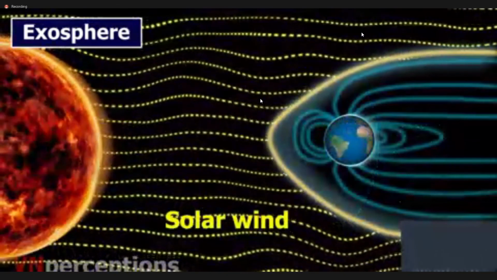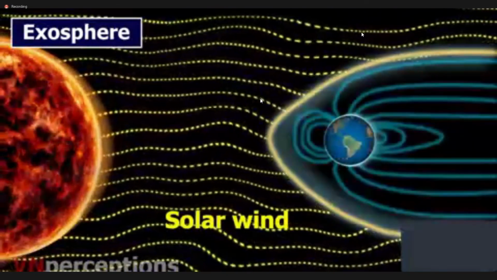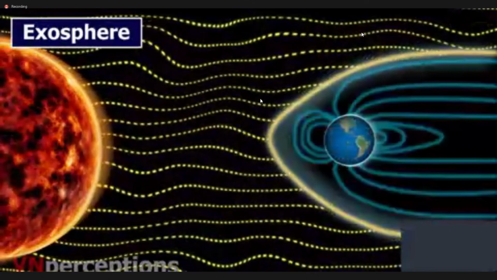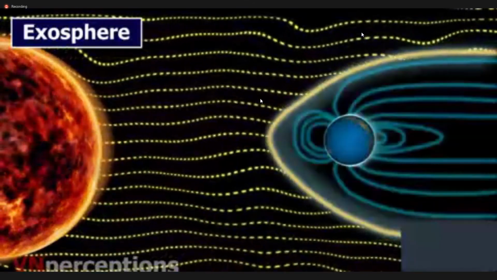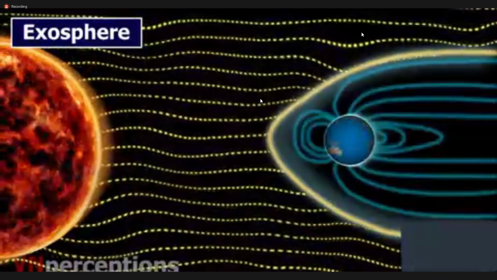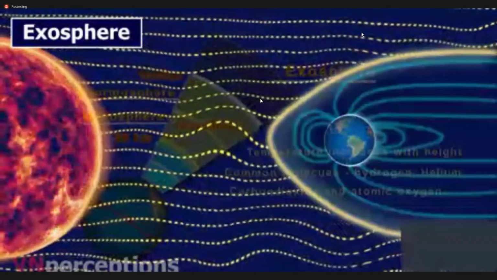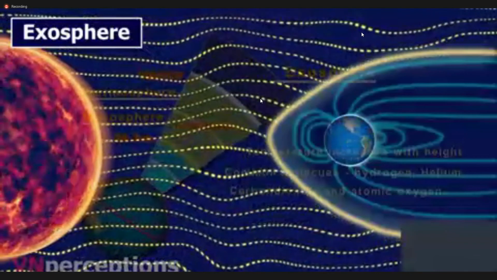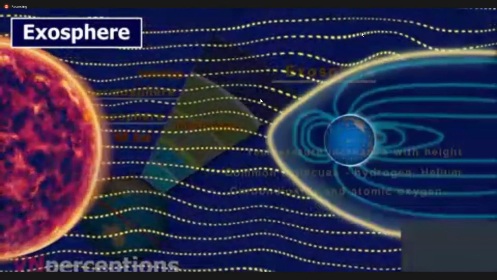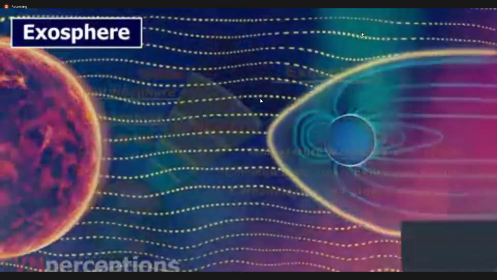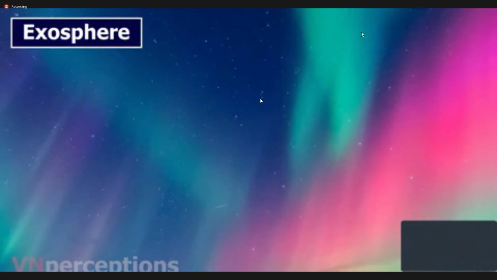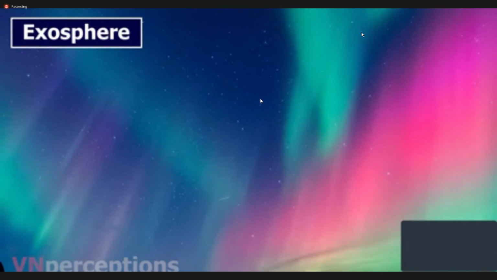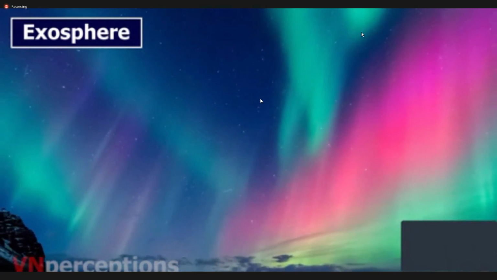The particles discharged from the sun travel 93 million miles towards the Earth before they are drawn irresistibly towards the magnetic north and south poles. As the particles pass through the Earth's magnetic shield, they mingle with atoms and molecules of oxygen, nitrogen, and other elements and result in a dazzling display of lights in the sky.